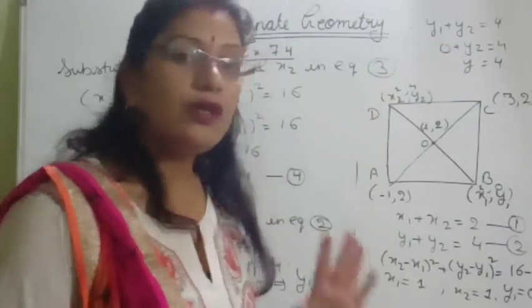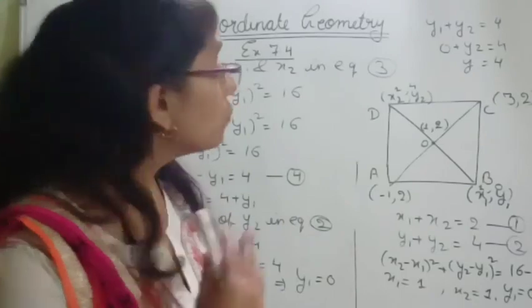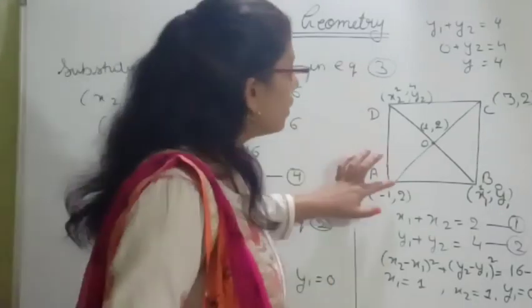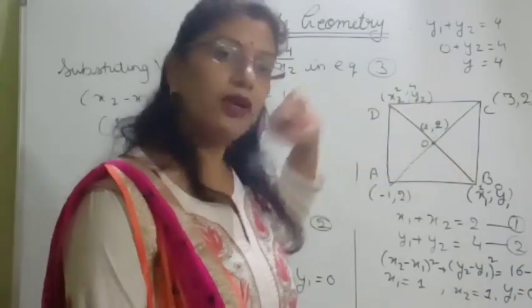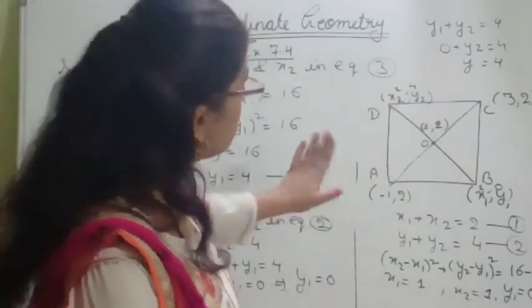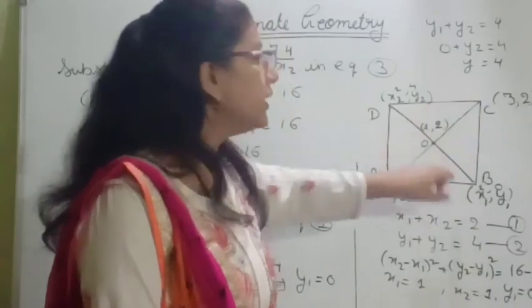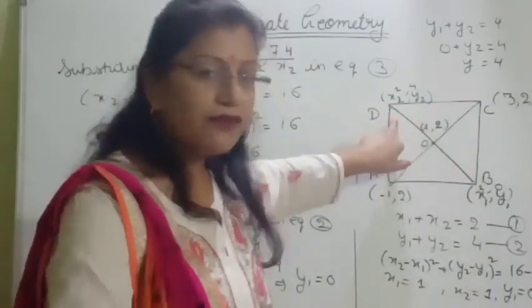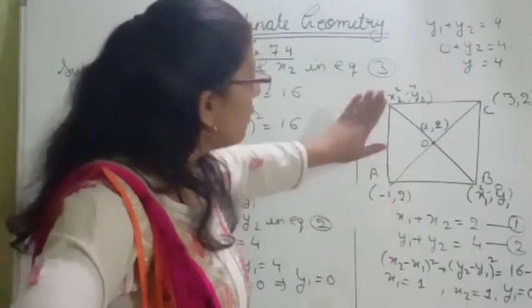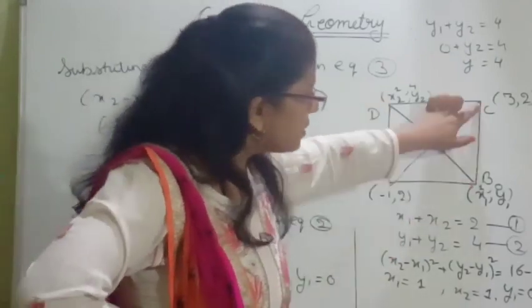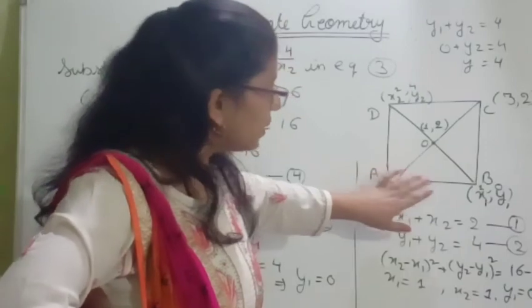Clear? So only calculation you have to do. What you have done: we are given two coordinates of the square, and we have to find the remaining two coordinates. How will you find them? See, very first, put the diagonals equal. If you put the diagonals equal, you will get one equation. Then after that, these two sides are equal, so equate them using the distance formula.